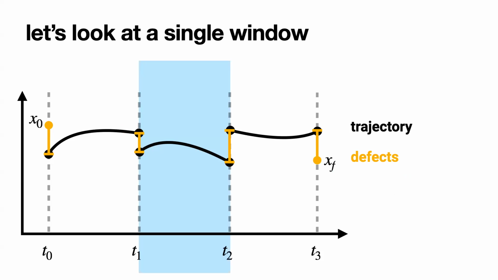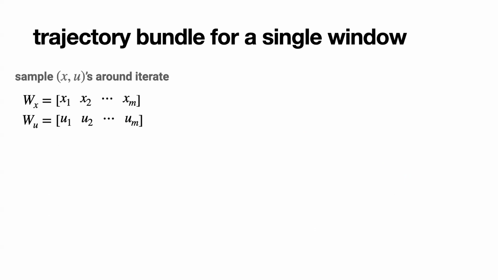Let's take a look at a single window, between T1 and T2, just one chunk of the trajectory. Here's what the trajectory bundle method looks like for a single window. I get m samples around the iterate: I take an x and a u and produce a bunch of these samples, and I stack them into matrices Wx and Wu.